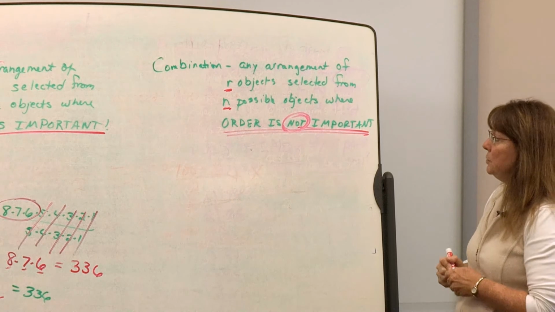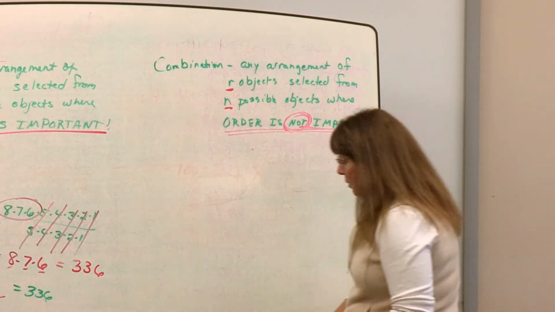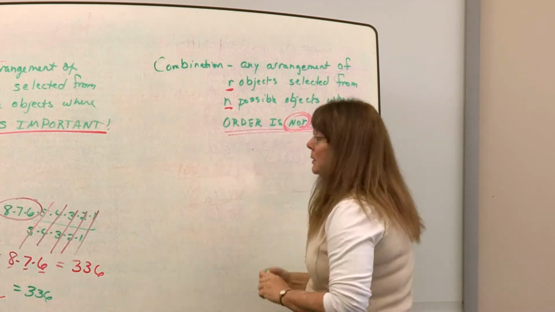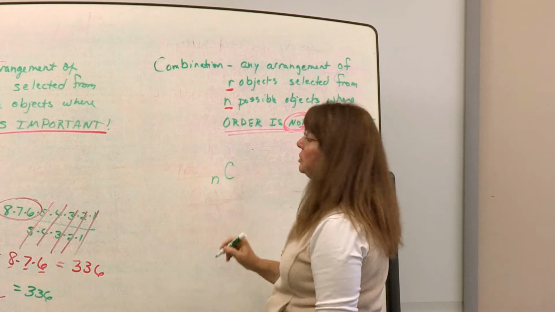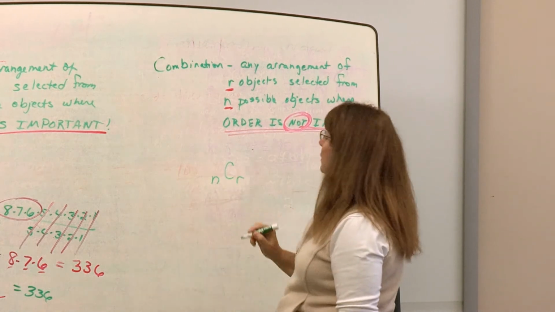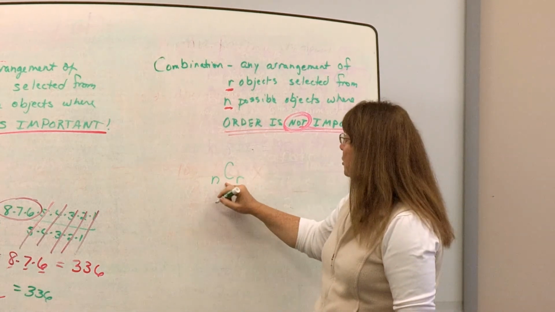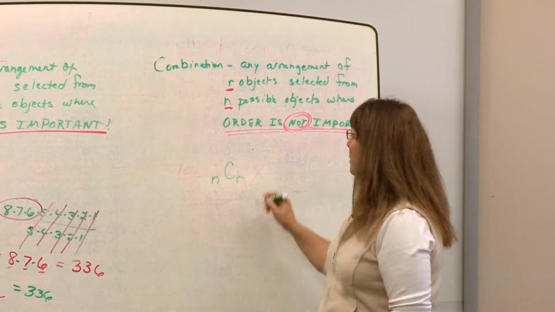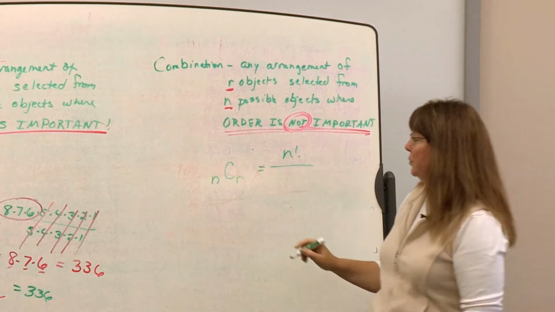So let's do the same type of idea in a different kind of example. Again, if you want to see what the formula looks like, we have n items, and we're doing a combination, so you'll see a big C for combination. I have n choose r items, and I want to find out how many ways I can do that. It starts out with the top, still using those factorials.